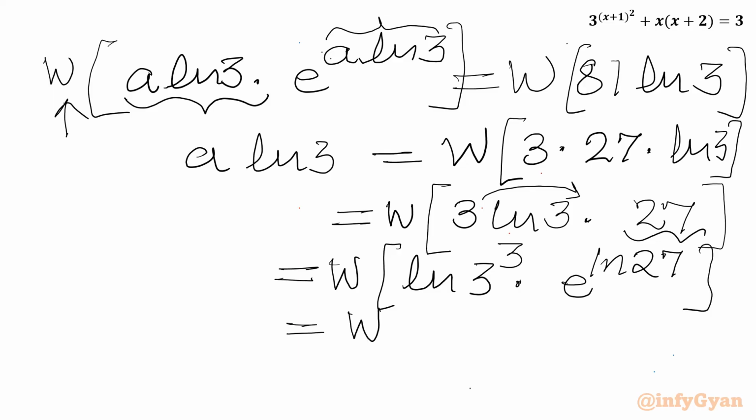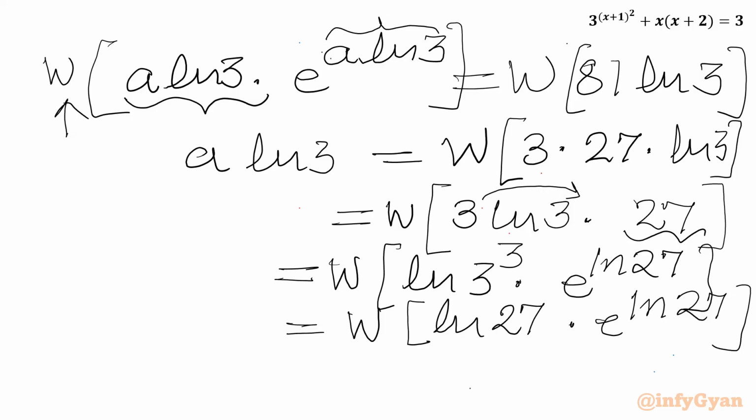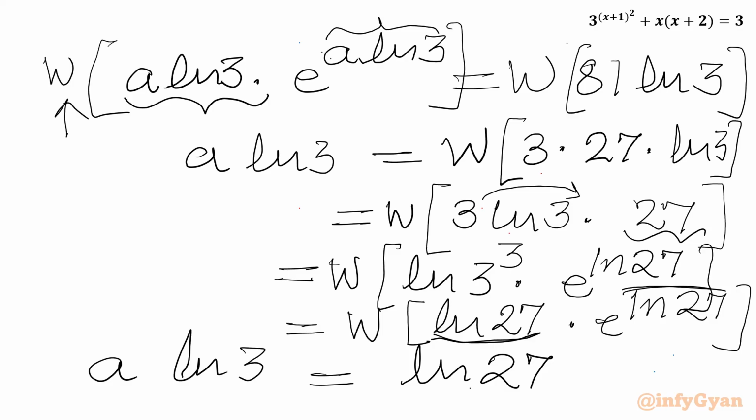Now this will give us the Lambert W function of ln 27 times e raised to the power ln 27. Again we will use the property from Lambert W function to write here ln 27. So LHS is a ln 3, a ln 3 equal to ln 27.